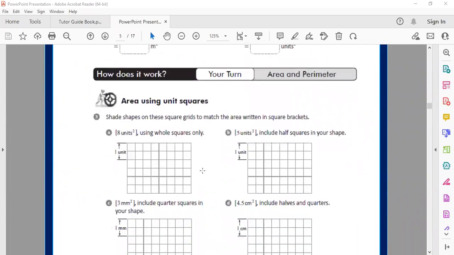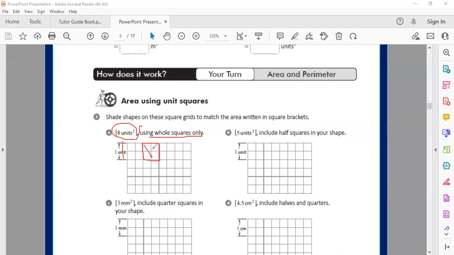Okay, guys, look here very carefully. Shade the shapes on these square grids to match the area written in square brackets. Guys, this time you got to shade. 8 units squared, using whole squares only. These 2 squares are 1 unit. So I want 8. So this is 1, this is 1, this is 1, this is 1.